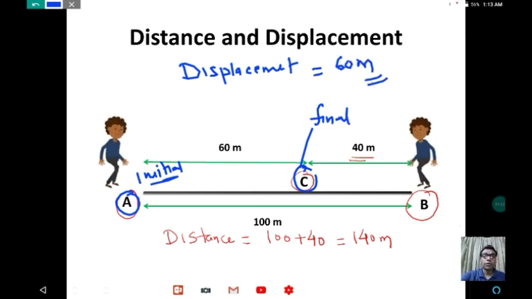So in this case, we have seen that the distance and the displacement have different magnitudes. One is 140 meters, although he is moving from A to B, B to C. But on reaching point C, what will be the displacement? Yes, final minus initial, we got 60 meters. So from this very short example, we have seen the difference between distance and displacement.